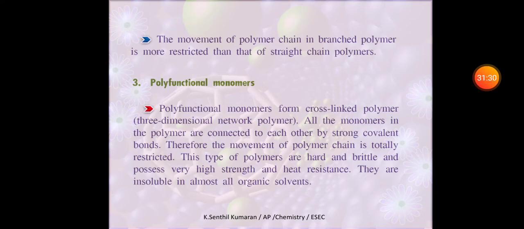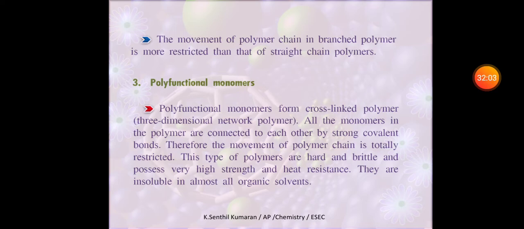In the linear form and branched form, they are only connected with covalent bonds. Therefore, the movement of the polymer chain is totally restricted. So this type of polymer is very hard and brittle in nature and possesses very high strength and heat resistance. They are insoluble in almost all organic solvents.